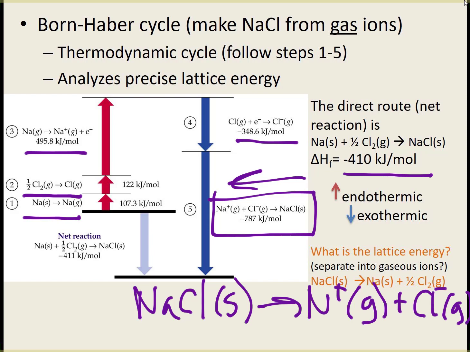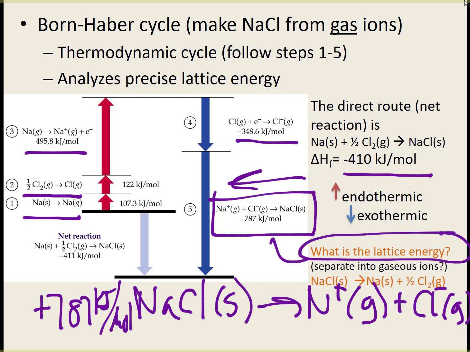So it would take a positive 787 kilojoules per mole. And that's the answer to this. What is the lattice energy? Well, the opposite of this step. So I would have to put in this amount of energy.